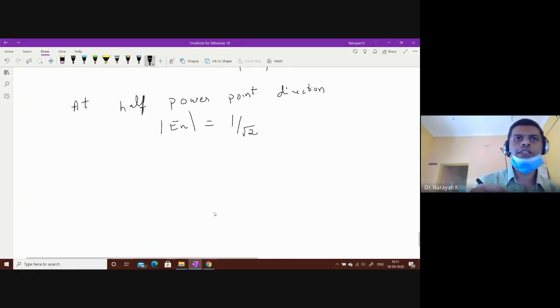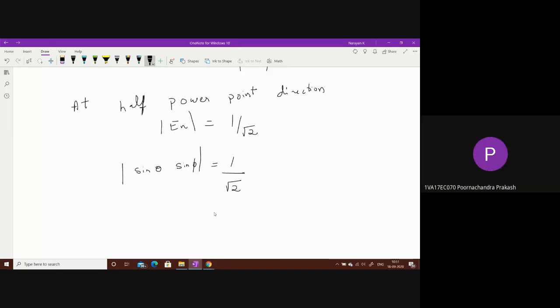Purva Chandra, tell me what is the value of En? Sin theta sin phi, equal to 1 upon root 2.